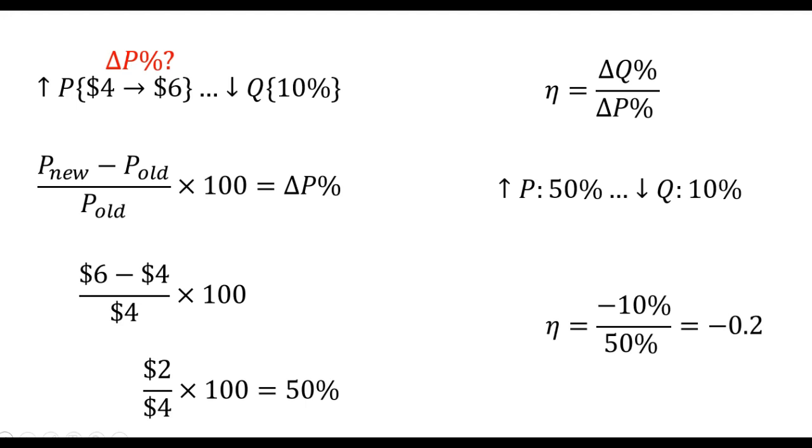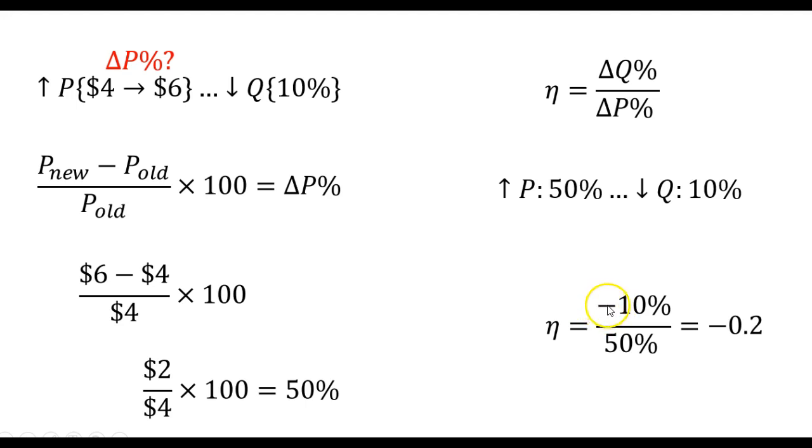So we plug in the numbers that we have there to calculate the price elasticity of demand. So 10% is the change in the quantity demanded, but remember it's a decrease in the quantity demanded, and we indicate that by a negative sign.